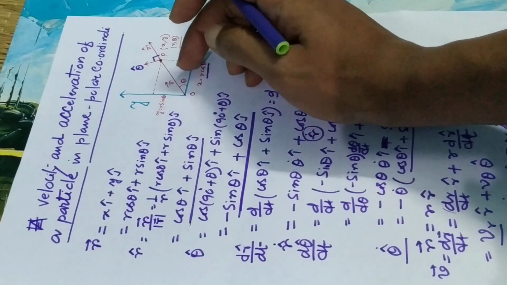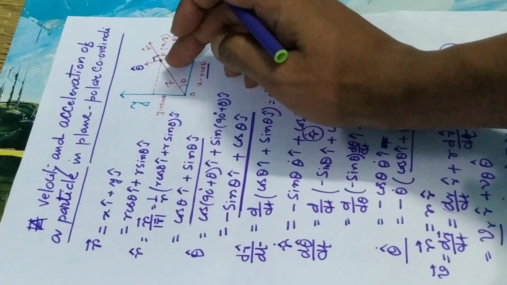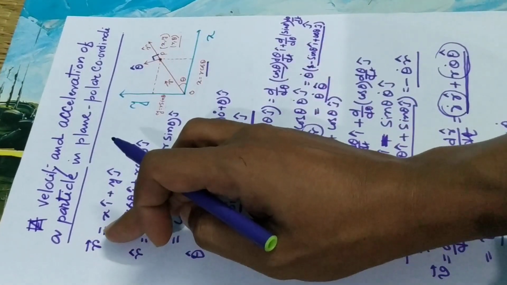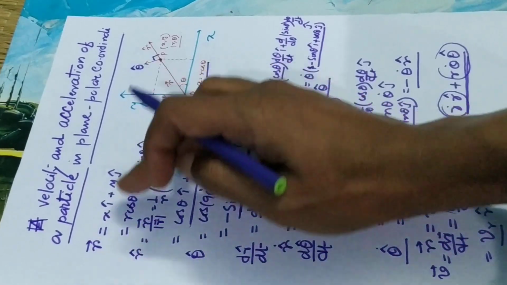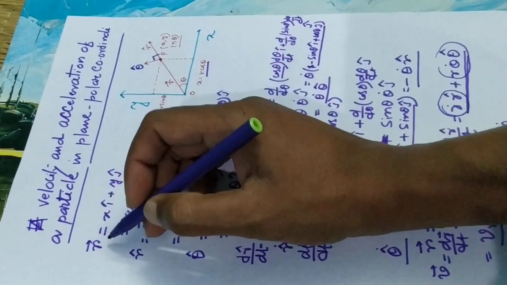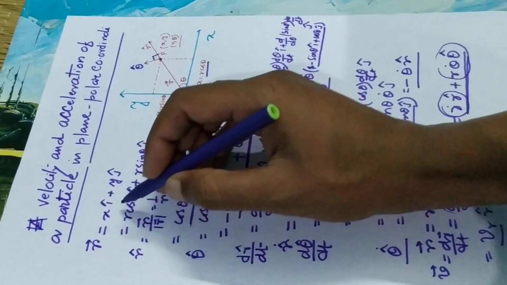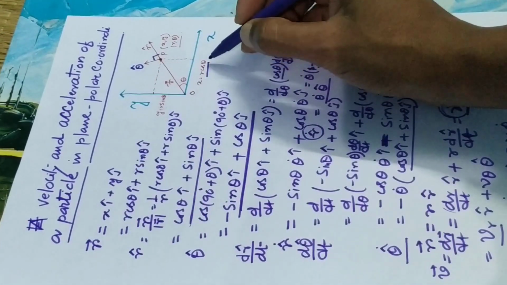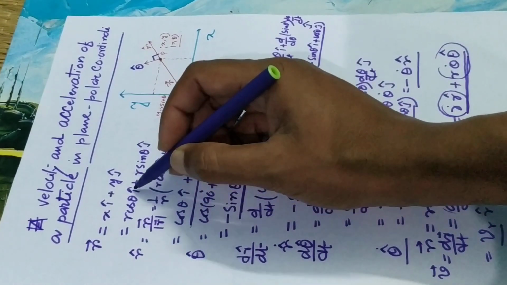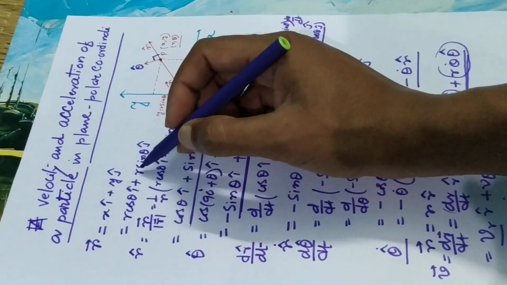Now the position vector of the particle in Cartesian coordinate system can be written as r equal to x i plus y j, and here x is equal to r cos theta and y is equal to r sin theta.